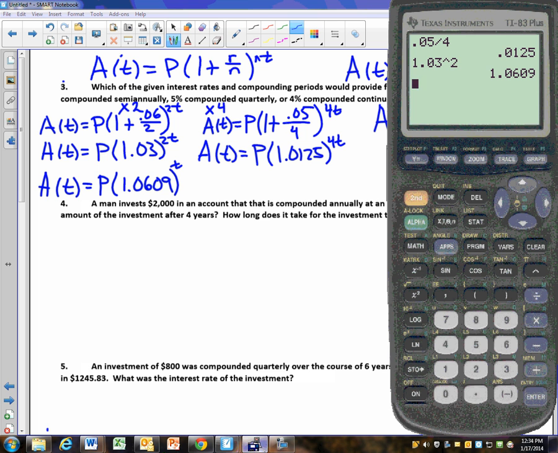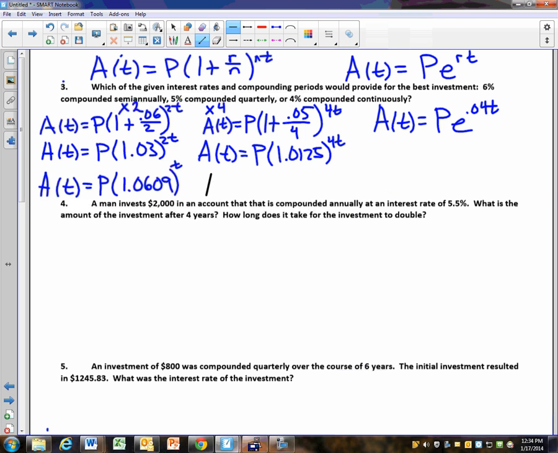If you look at the next one, 1.0125 raised to the 4th power, I get 1.0509.